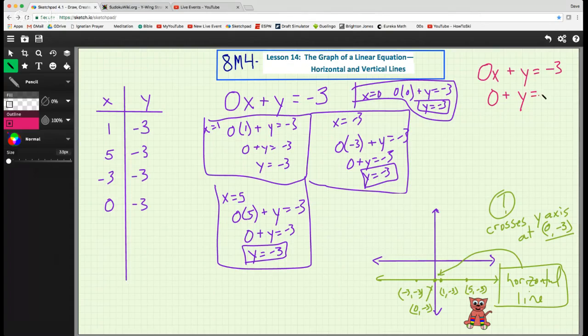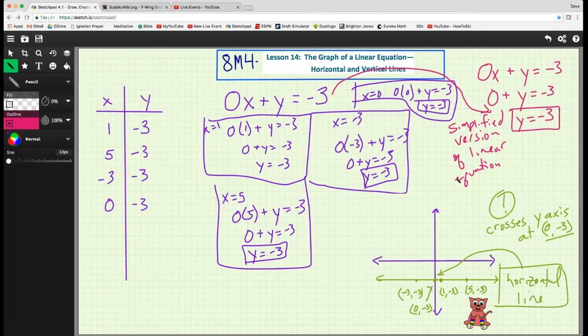So really what I'm saying is this linear equation is y equals -3. That's the simplified version of the linear equation when the x coefficient is 0.